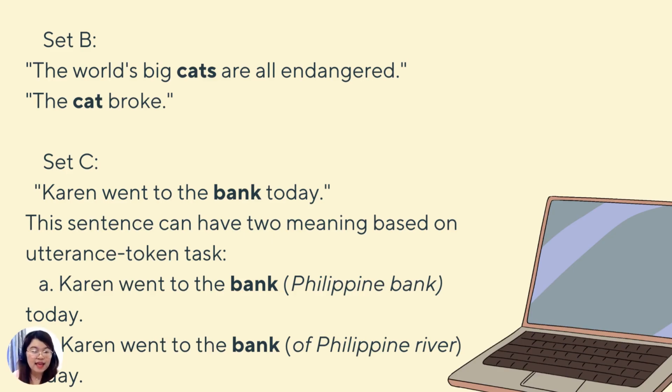The first meaning is that when someone says Karen went to the bank today, bank there may mean any bank in the Philippines, like BPI, DBP, China Bank, BDO, PNB, and a lot more.